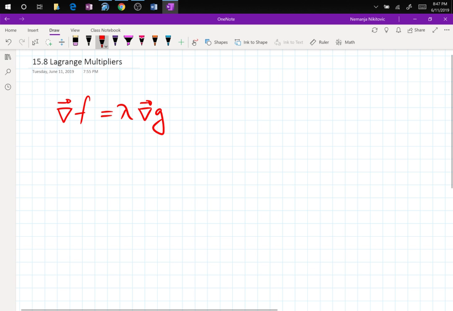Now, f of x y, let's just say for the 2D version, is what we call the objective function, and this is the one that you're maximizing or minimizing.